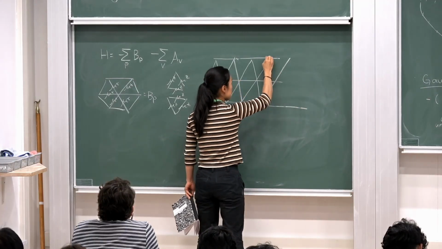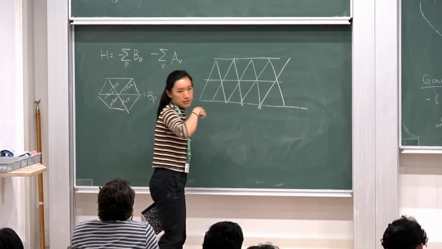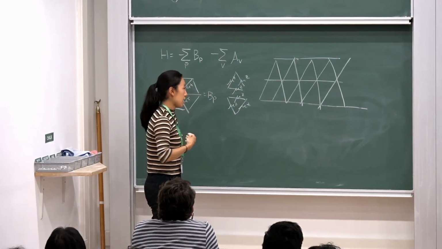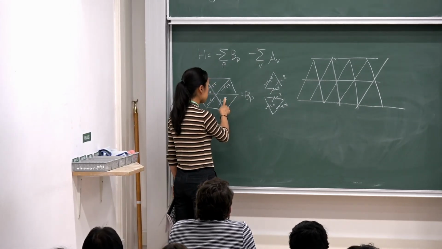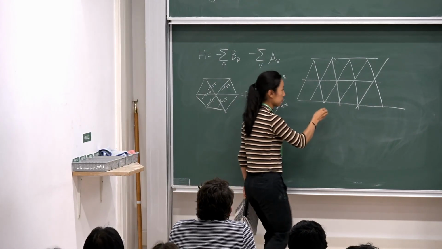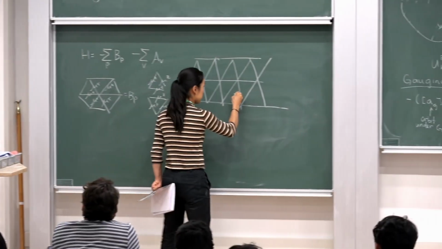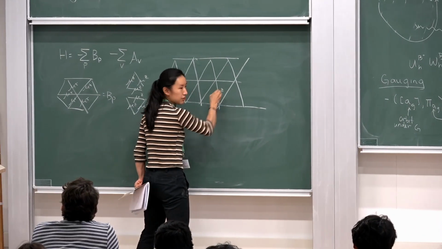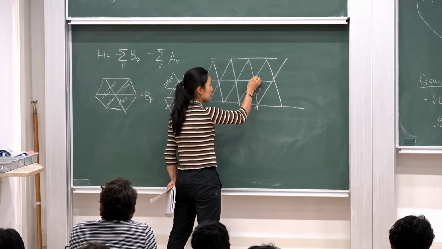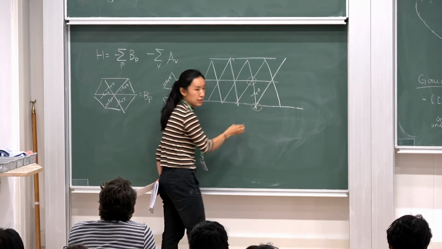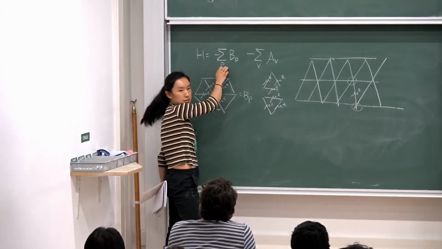There are 4 kinds of string operators. One is just a trivial string operator. Now, if you act with a mu z, you create 2 of these charge excitations. If you act with mu z here, then you create a charge excitation here and a charge excitation here, because it anticommutes with this BP term.